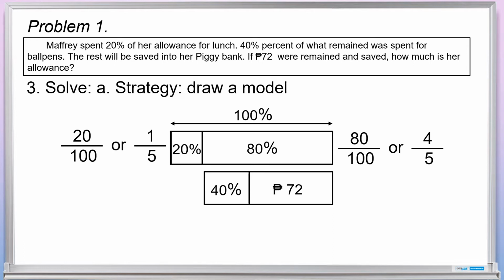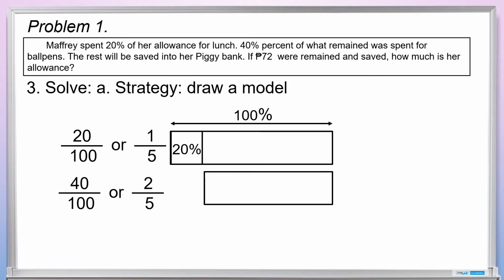And with it is 72 pesos, the amount that was left from her. Let's change also 40% into a fraction, and that is 2/5. If 40% is 2/5, 72 pesos therefore is 3/5 to make it the whole of what was remained.